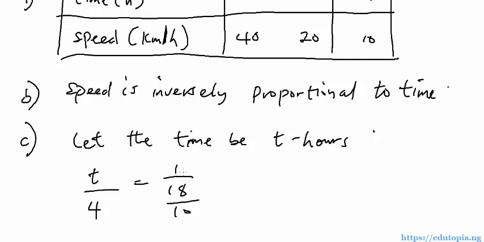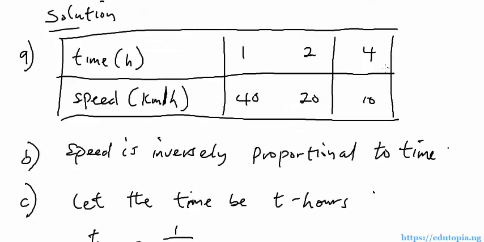Now note that the ratio of corresponding times is equal to the reciprocal of the ratio of corresponding speeds. So t hours goes with 18 kilometers per hour; remember, t is what we're looking for. And for 4 hours, from our table, we have 10 kilometers per hour as our speed.